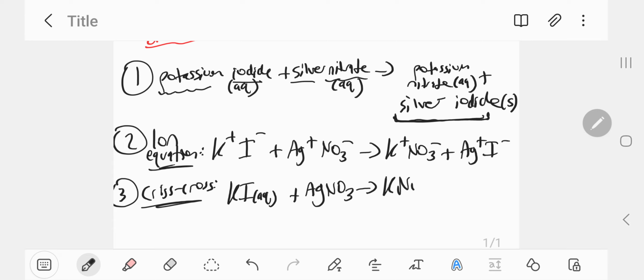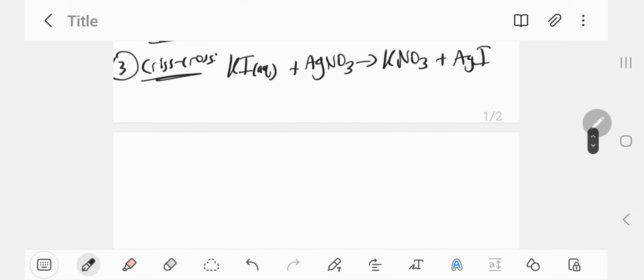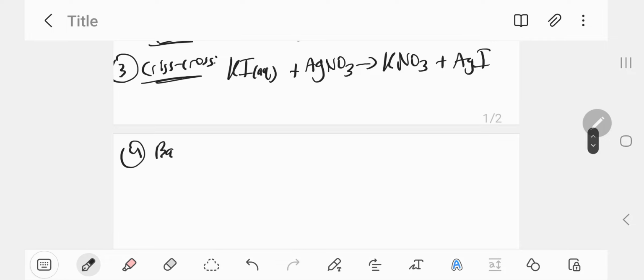Lucky in this case, it's nice and simple. The rule is, remember, if the charges are the same, there's no number after the sign, the plus and minus, you just don't bring anything down. Write it like this. Number 4, let's write the balanced chemical equation.